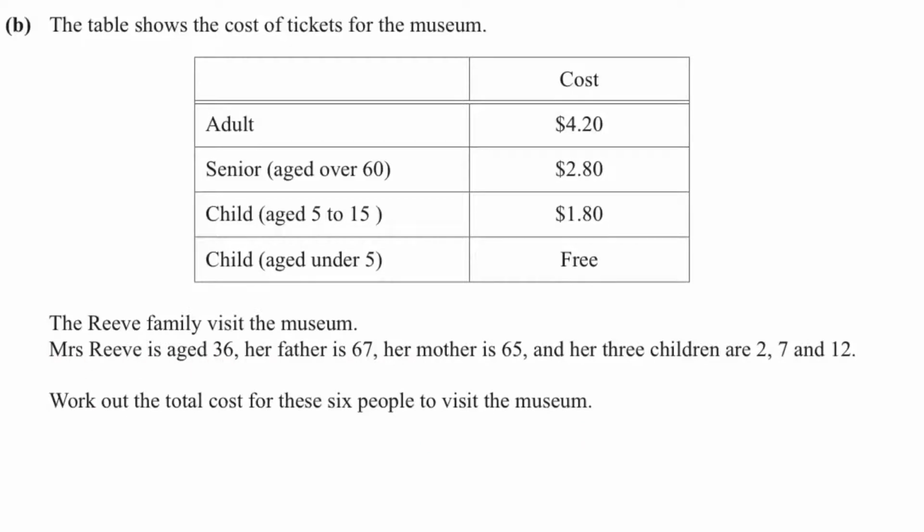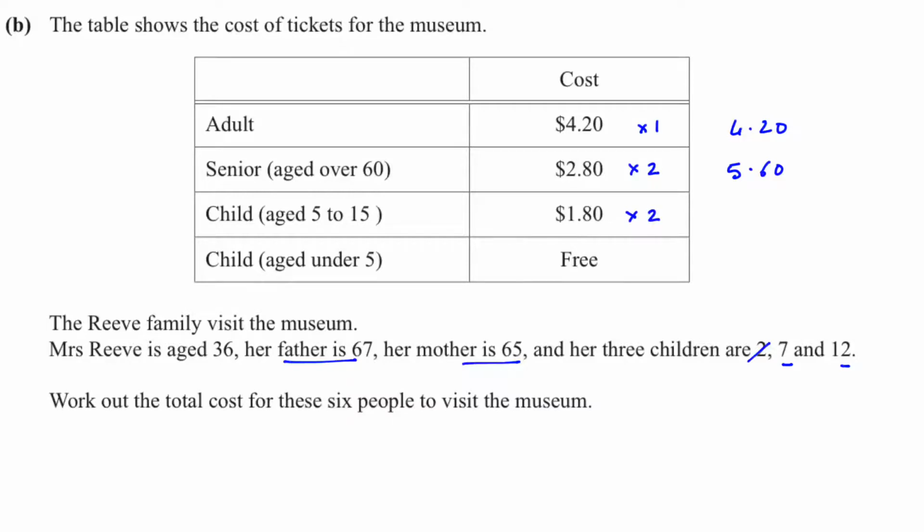So how many adults do we have? We have 1 adult. So 4.2. Her father is 67 and mother is 65. So they are senior, above 60. Multiply by 2. 5.6. Her 3 children, one child is under 5, so we don't count that, and 7 and 12.